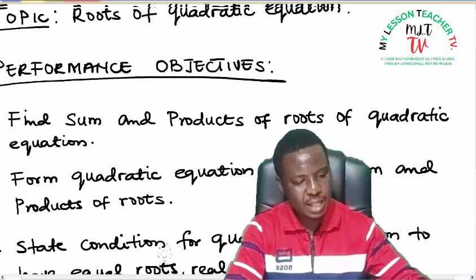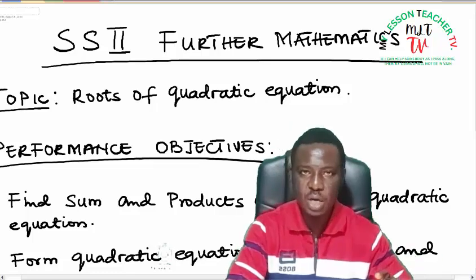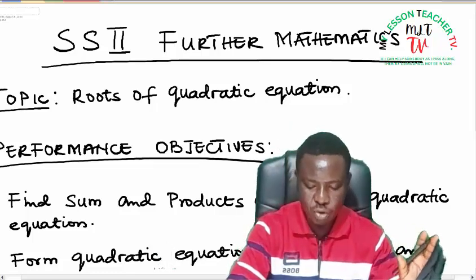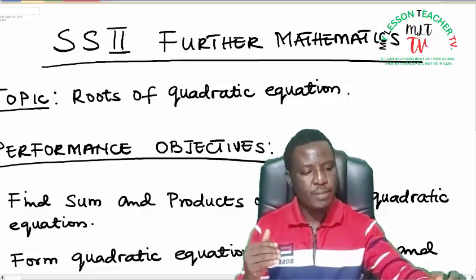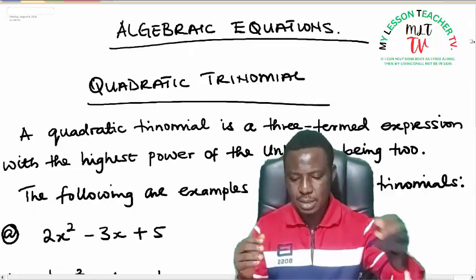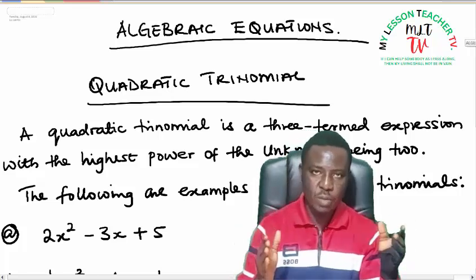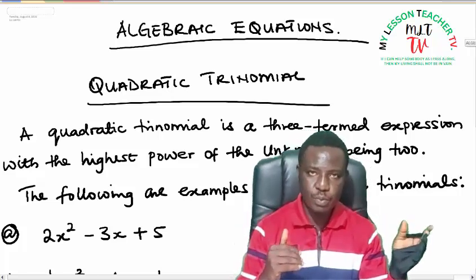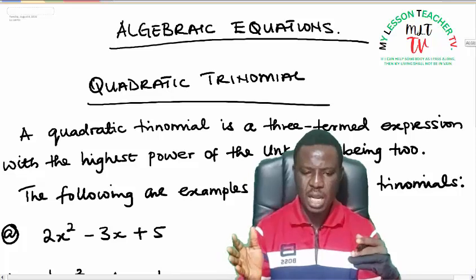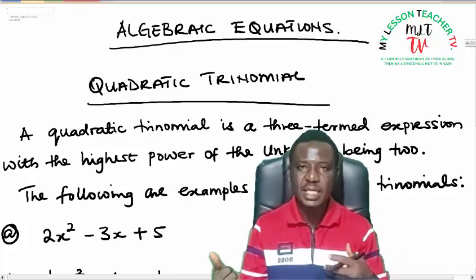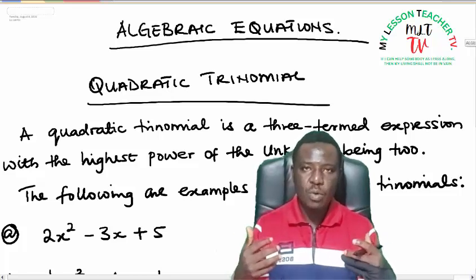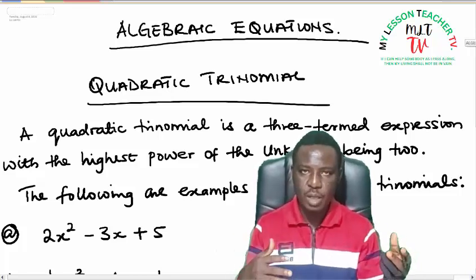So we shall take the first objective in today's class, which says we should find the sum and product of roots of quadratic equation. Before we go into that, I would like us to have a recap on what we said concerning algebraic equations.